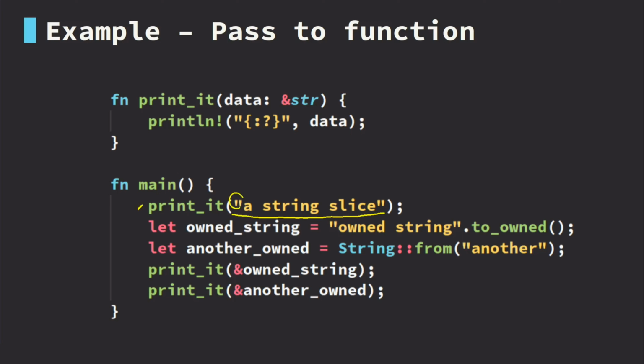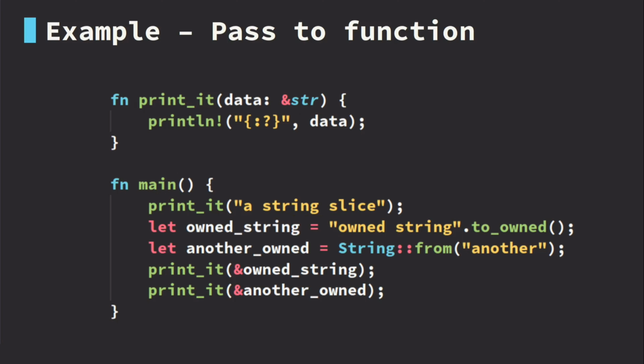If you'll notice, we have the double quotes and the words "a string slice" between the double quotes. By default, when you create a string in this way, it's automatically borrowed. That's why we're able to use the printIt function with the data type string slice, because when it's borrowed, it is a string slice.